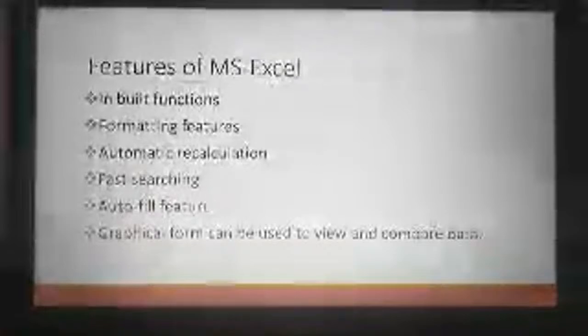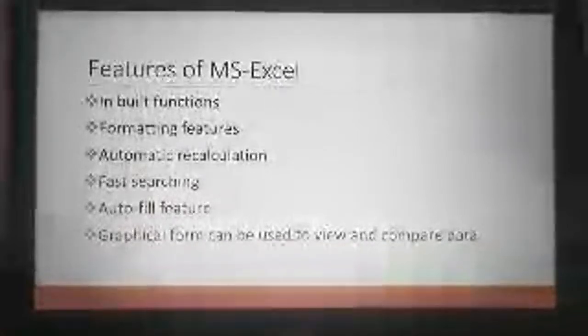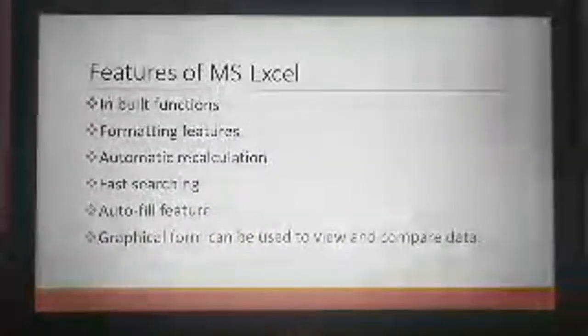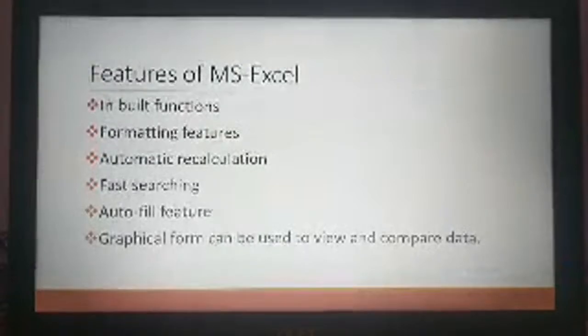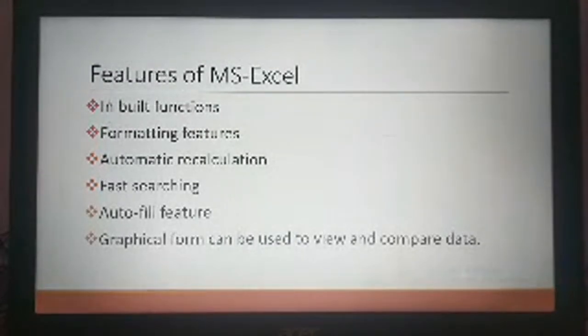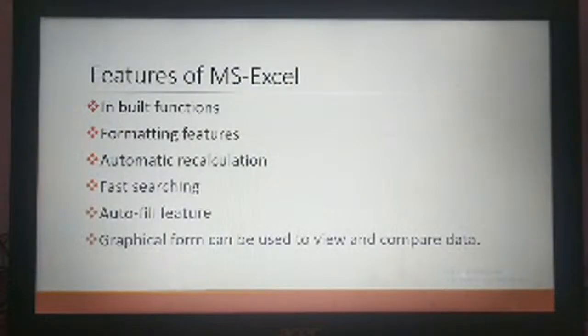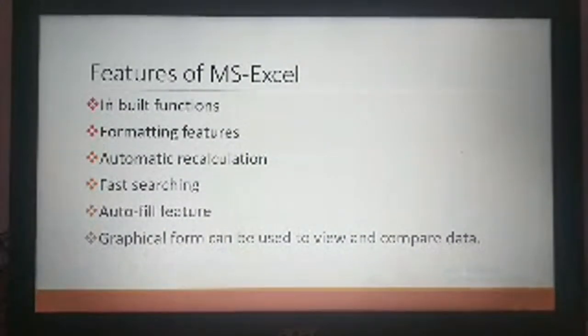Next, whatever data you have used, suppose you have used your school information, for example, school ID, student's name, class, section, father's name, mother's name, address, contact, and students' average marks.